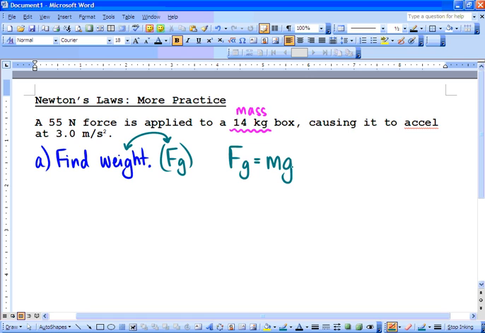It's m times g. So in this case, we need to take our 14 kilograms, multiply by little g, which was called the gravitational field strength. It's just a number that tells you how strong gravity is on planet Earth, 9.8 newtons per kilogram. And let's try this thing out.